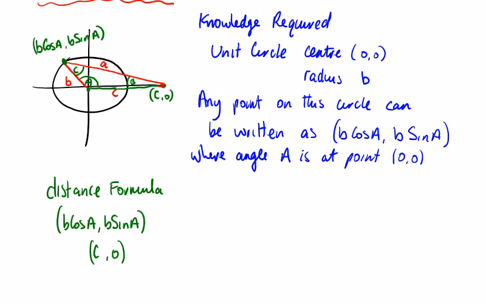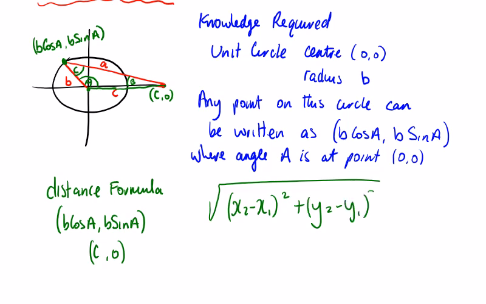So filling that information into the square root of x2 minus x1 to be squared plus y2 minus y1 to be squared. The distance, we call it d, but it's going to be a. So this a here is the distance between these 2 points, between here and here.